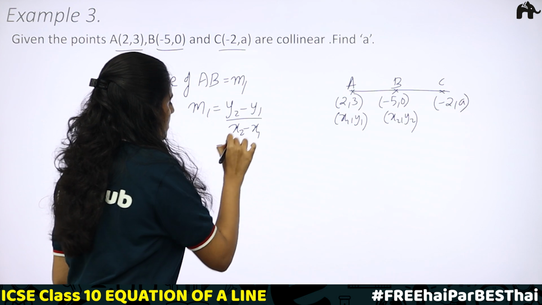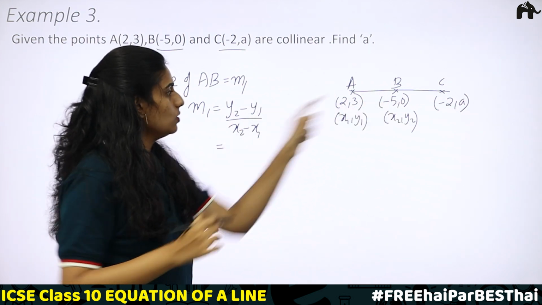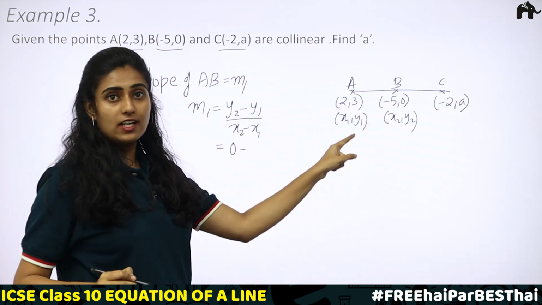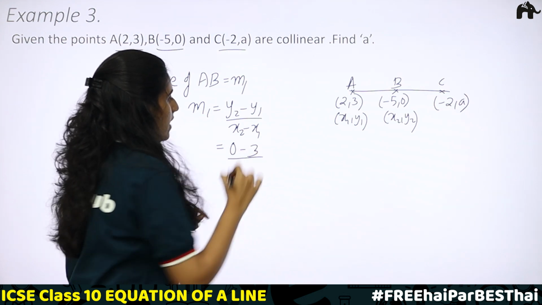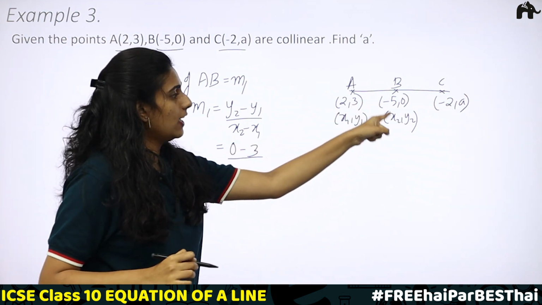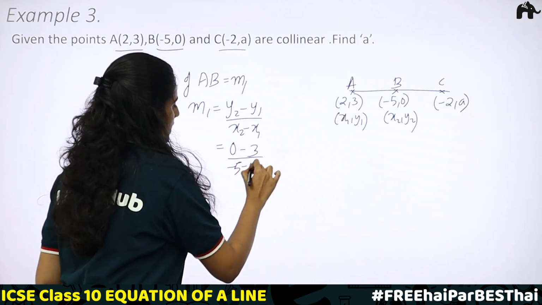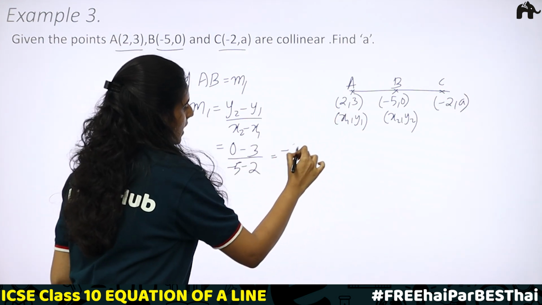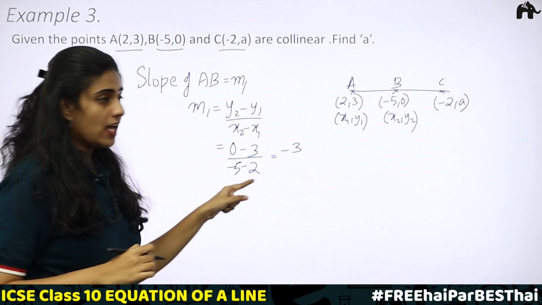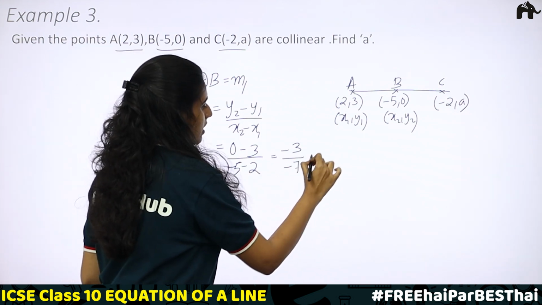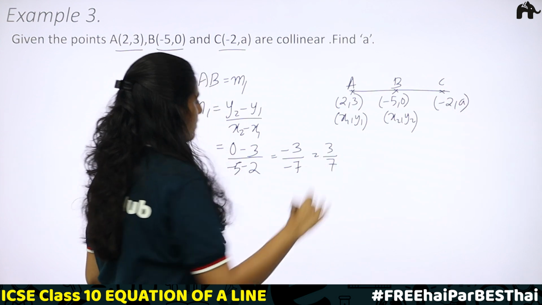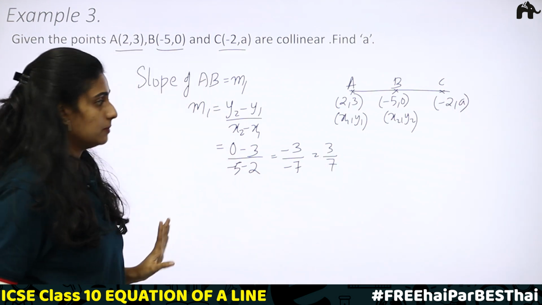Then what is the value? y2 is 0 minus y1 is 3, so 0 minus 3 divided by x2 minus x1. x2 is minus 5 and x1 is 2, minus 2. 0 minus 3 is minus 3, minus 5 minus 2 is minus 7, which equals 3 divided by 7. This is the slope M1.